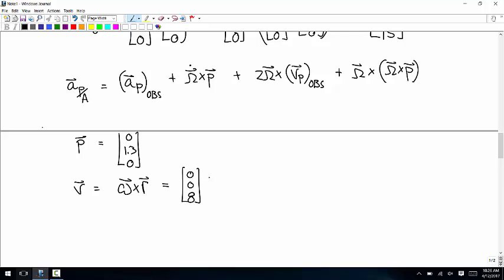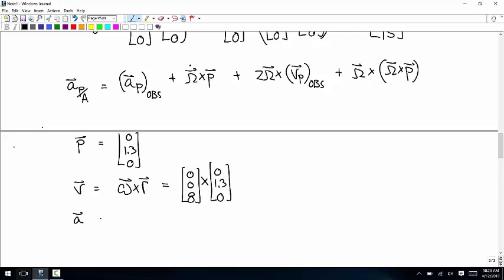Our r vector stays the same because the location of the center of that circular motion doesn't change based on just the origin changing. So now we have 0, 1.3, 0. This time r and p are the same vector.